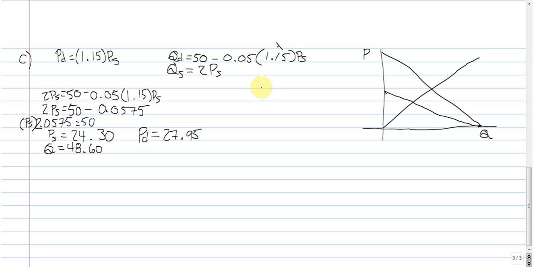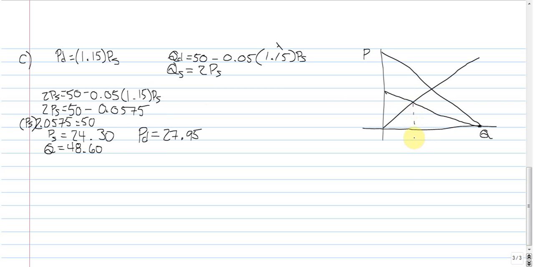And if I take this 1.15 out and plug it back into the original, I get 48.60 back, right? So the market quantity works under both, under the tax structure, so I get the same quantity.